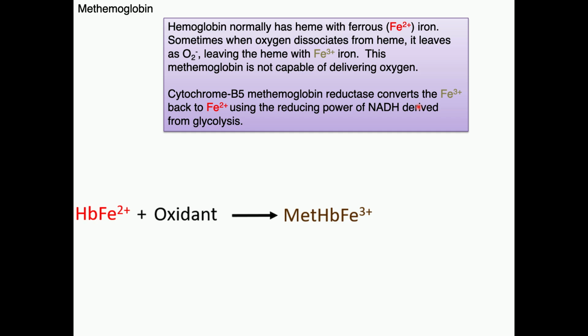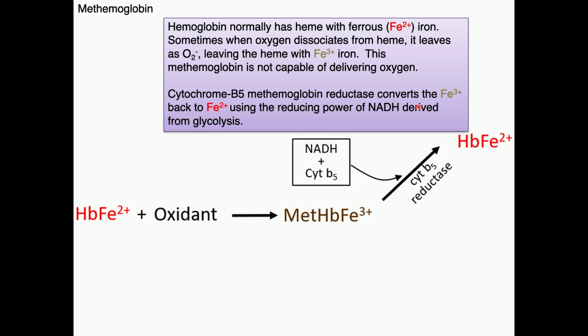But methemoglobin in this form is not capable of delivering oxygen to tissues, and if you get all of your hemoglobin tied up in this form, you've got a real problem of hypoxia. Now the red blood cell has that cytochrome b5 methemoglobin reductase enzyme that can take NADH that's generated from glyceraldehyde 3-phosphate and use that as reducing power to convert the ferric iron back into the ferrous iron and essentially restore the hemoglobin to normal.